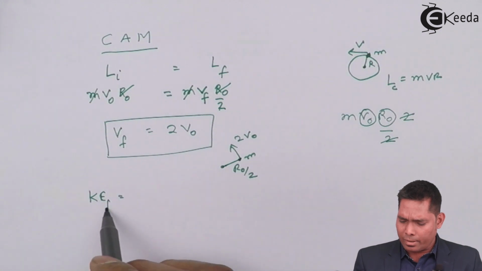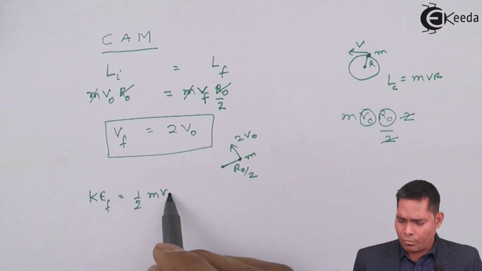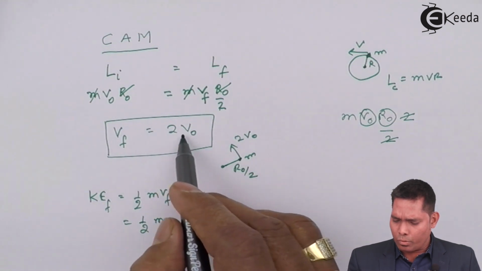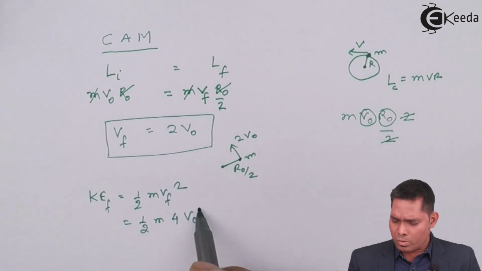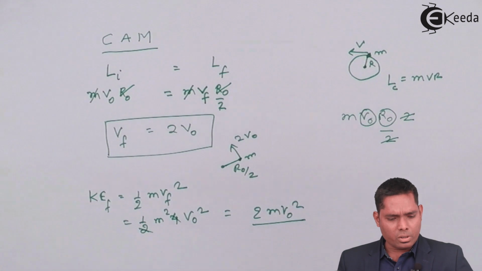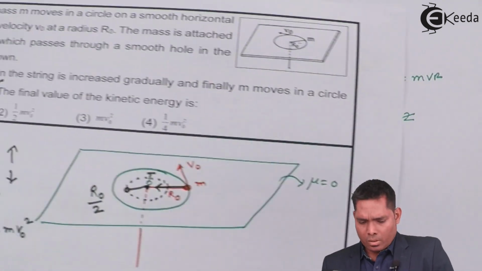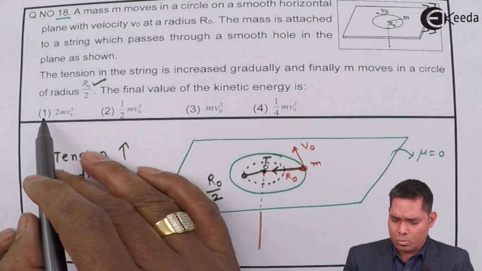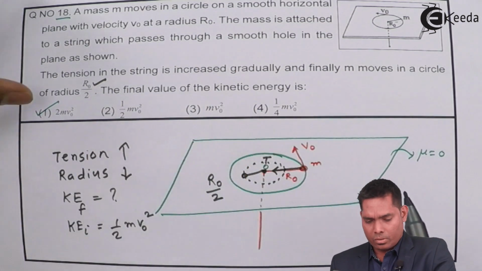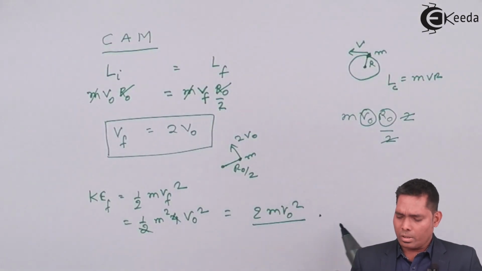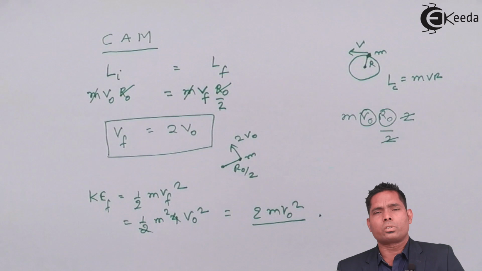The final kinetic energy is half m v final square, which is half m times 2v naught squared, which is 4v naught square, so it is 2m v naught square. This is the answer to this question. Looking at the options, the final value of kinetic energy is 2 m v naught square. So this is the final answer to this question.